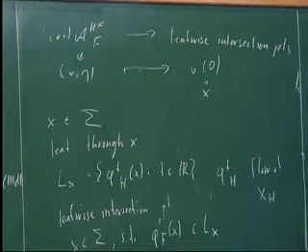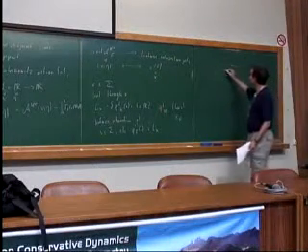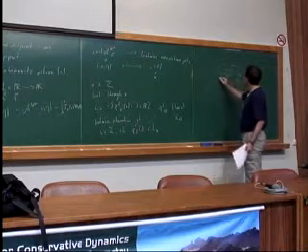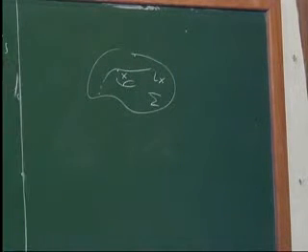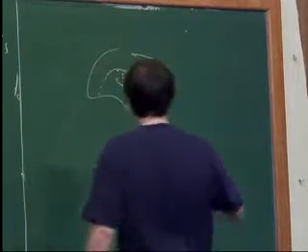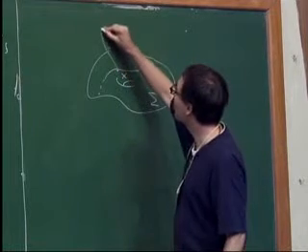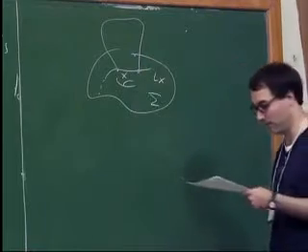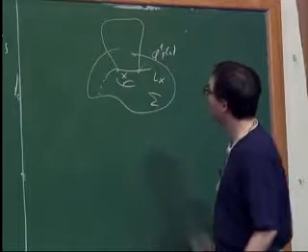Pictorially, if this is our energy hypersurface and this is our point x, then we have here the leaf through x, and then we follow the flow of this other Hamiltonian, which is unrelated to H, so we might even get away from this energy hypersurface, but then we come back to the same leaf of x, so that phi_f^1(x) is in the leaf.